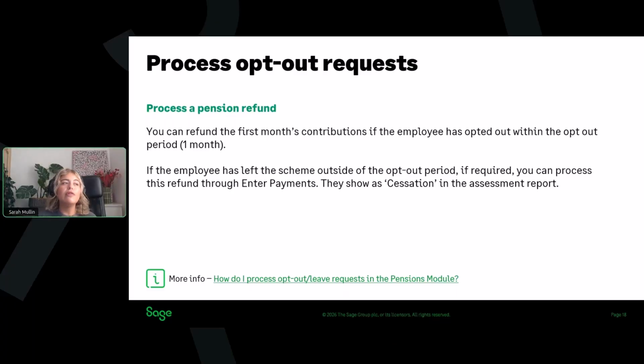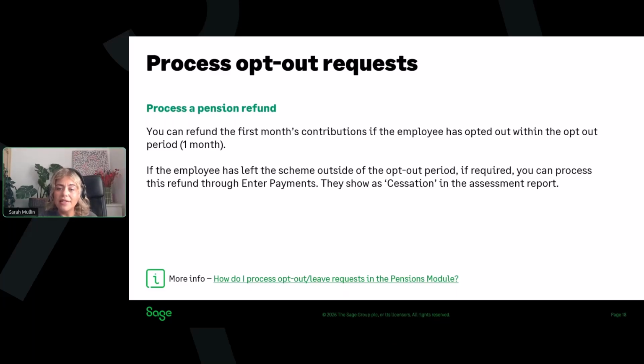The pension assessment will only allow you to automate that within that 1-month opt-out window. But I have popped a link on the bottom of the slides there, just some more detailed steps for both of those situations on refunds, on how to process them manually if it is needed as well.